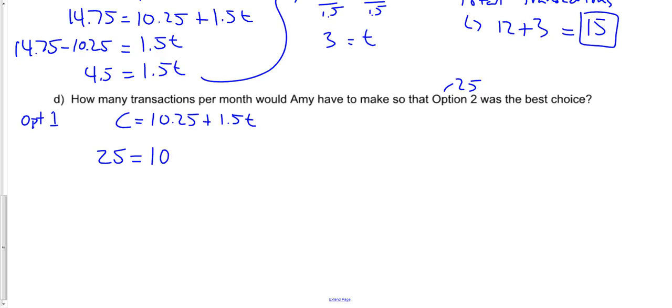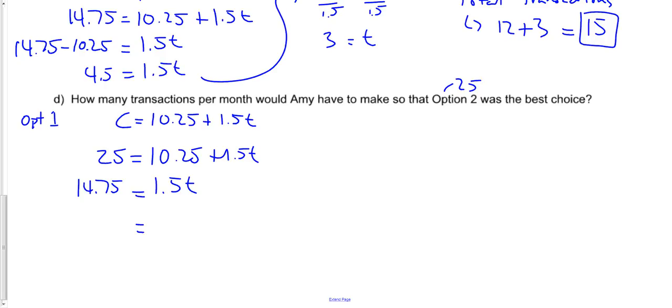If we substitute in our value of $25, so $25 is going to equal 10.25 plus 1.5T, I can then figure out how many transactions I would need in total. So again, I'm going to subtract 10.25 from both sides. It's going to leave me 1.5T, and 25 minus 10.25 is going to leave me 14.75.